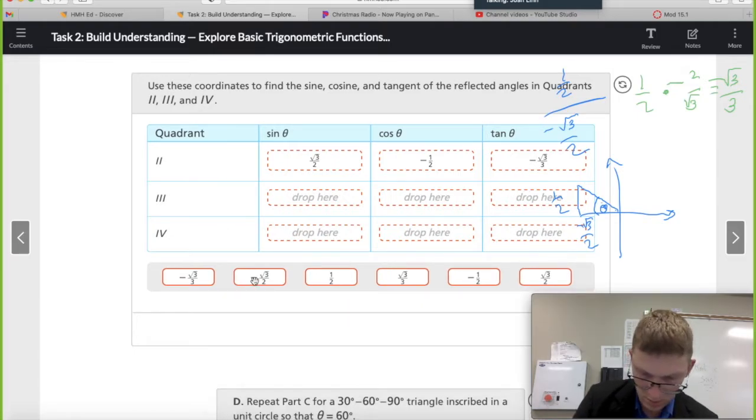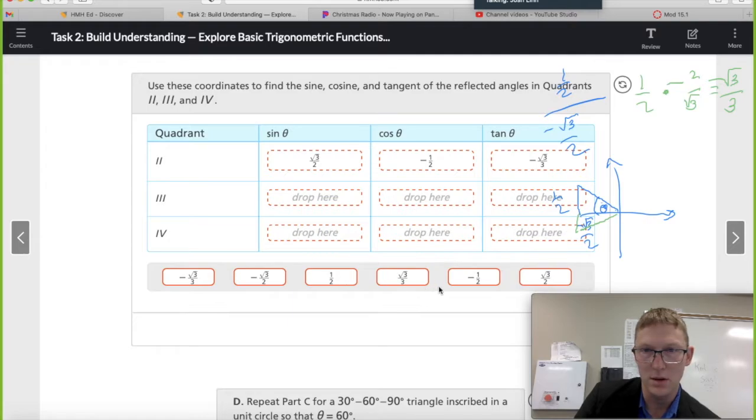Okay, so then we're in quadrant 3. That's going to be going down this way. Luckily, our x-coordinate is still the same, and our y-coordinate will be the same, just negative.